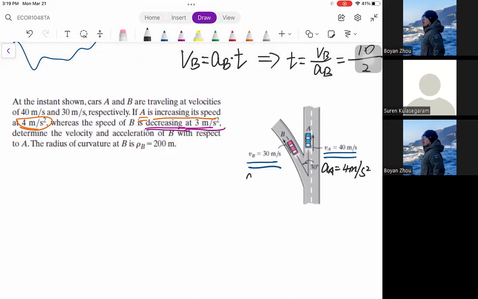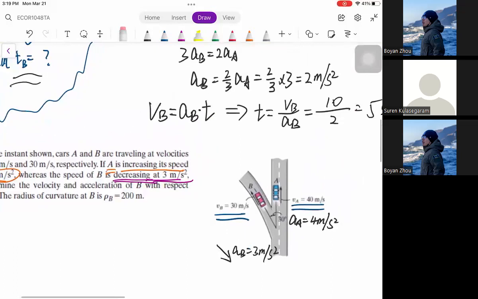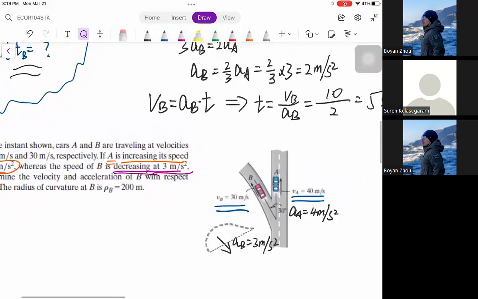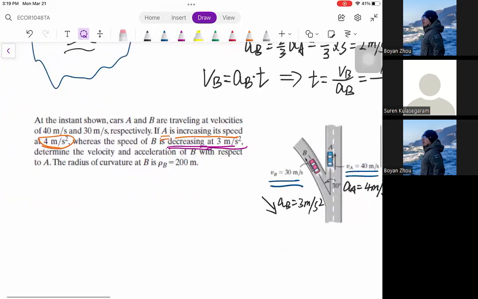So we can either write AB is equal to -3 meters per second squared, or just say the direction is in the opposite way, and the magnitude of the acceleration is 3 meters per second squared. I personally prefer the last one because I don't really like the negative value. So I'm going to do it like this.